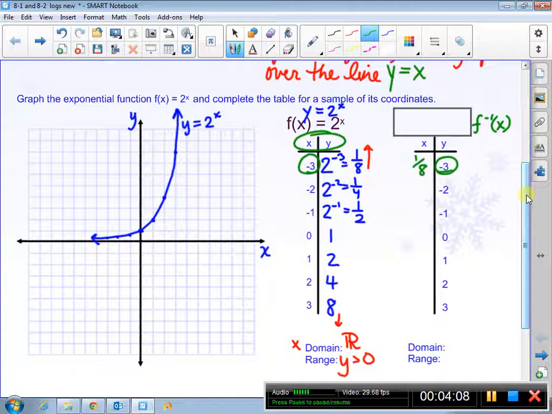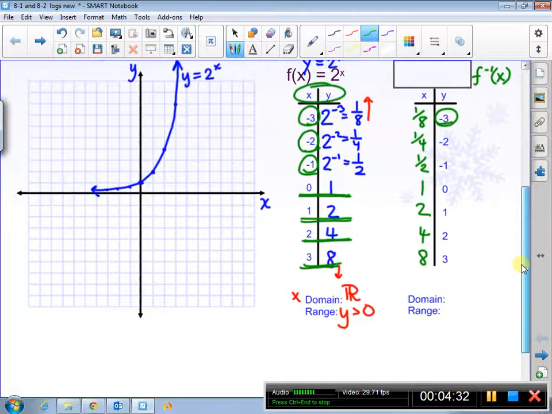And I'm just going to copy this y column all the way down. For negative 2, I have 1/4, negative 1, 1/2. Instead of 0, 1, 1, 0. Instead of 1, 2, 2, 1. Switch 2 and 4. Switch 3 and 8.